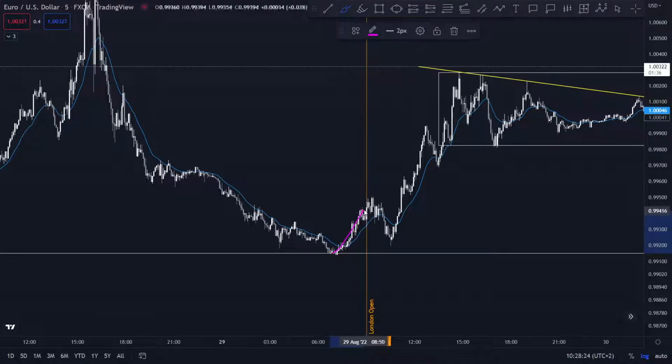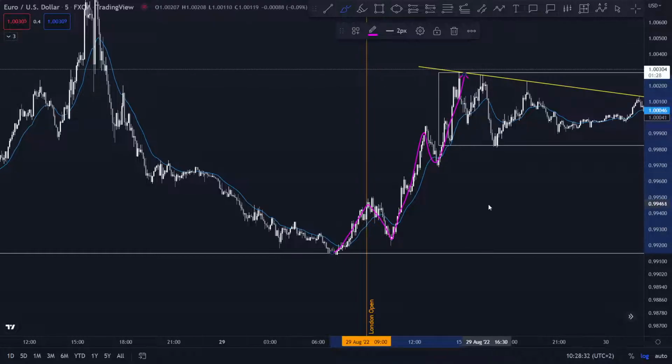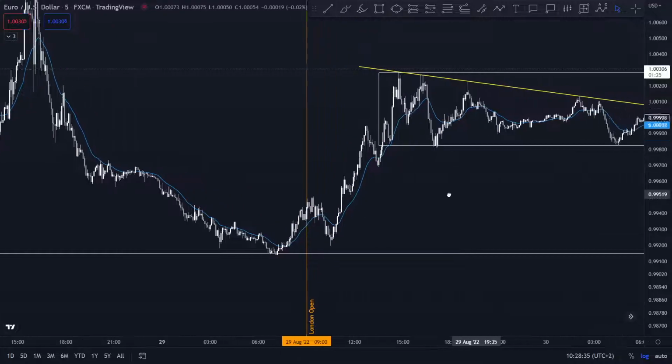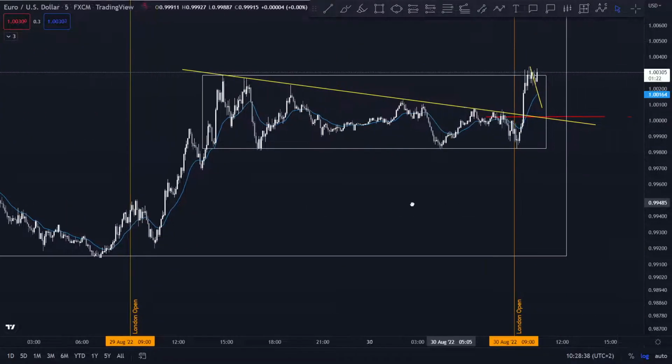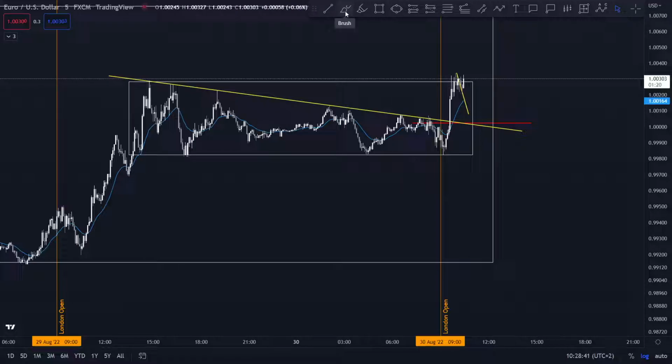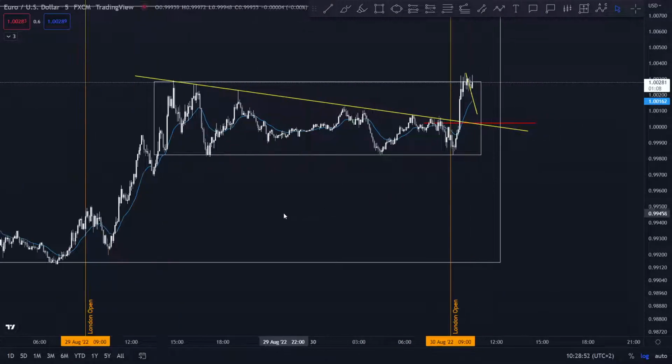There is a push up, retracement, and the rest is history. Push up, retracement, and I believe there is a chance if this here is this. I don't want to be closing the trade just yet.